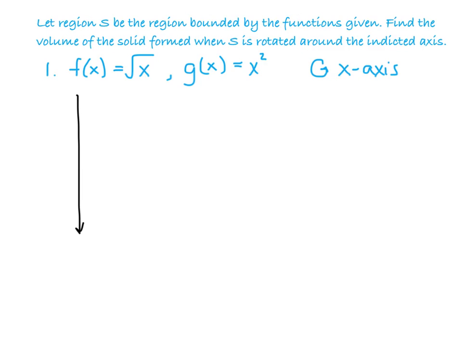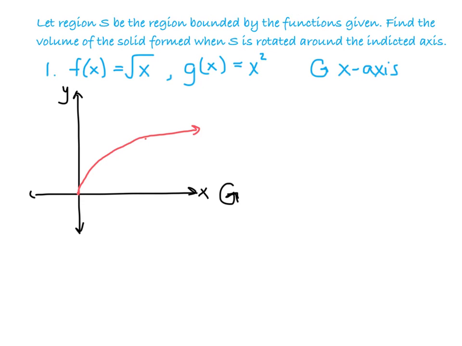All right, let's get a sketch here. So clearly we have the x and y axis, and I'm going to indicate that this is our axis of rotation. And so we can graph y equals the square root of x. We know that has the point 0, 0 and the point 1, 1. So I'll just graph that in.